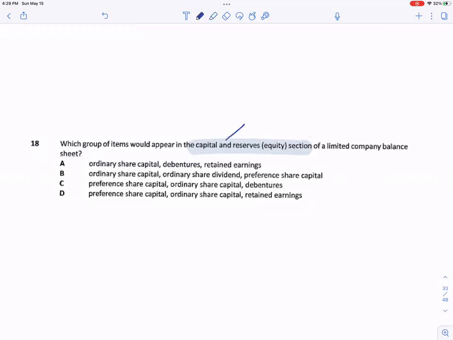Capital and reserve section means the shareholder funds. Debenture does not come in shareholder funds. Ordinary share dividend does not come in the shareholders funds. Only capital comes in the shareholders funds. So it would be D.